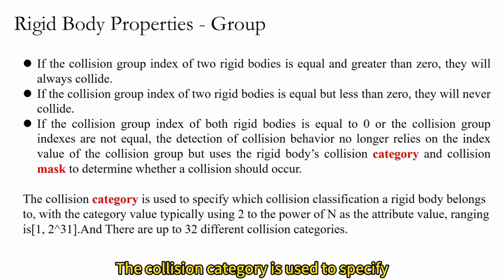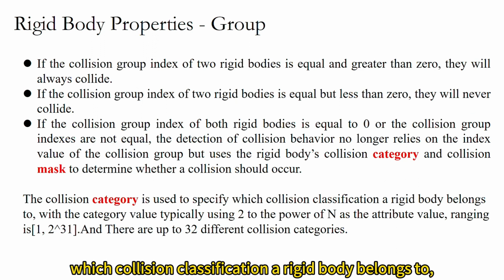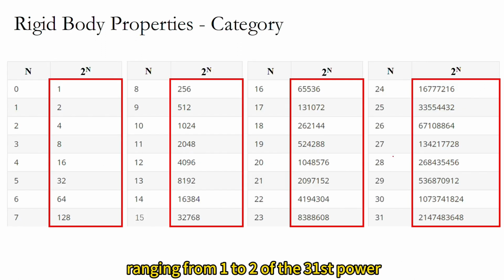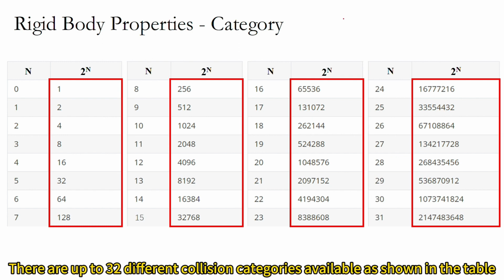The collision category is used to specify which collision classification a rigid body belongs to, with the category value typically using 2 to the power of n as the attribute value, ranging from 1 to 2 to the power of 31. There are up to 32 different collision categories available, as shown in the table.